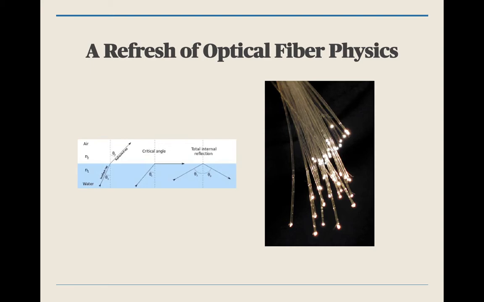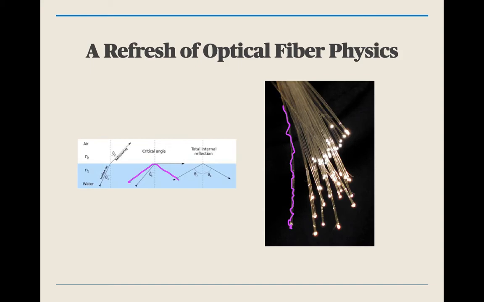If you guys don't recall, the physics of fiber optics is pretty interesting. Basically, the index of refraction is such that the light has total internal reflection inside this kind of light tube of silica, and so light flows sort of like electricity through fiber optics.